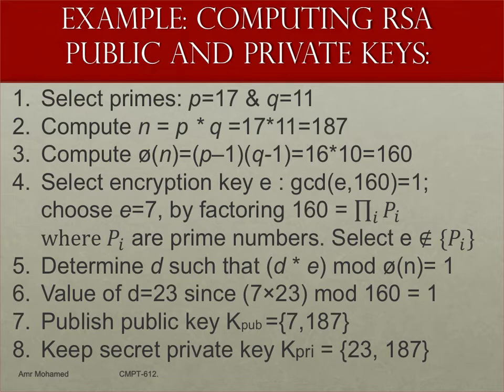So that's an example of how we go through calculating the public key and the private key internally inside the machine. The previous example was based on the fact that P was in fact 17 and Q was 11. Did we get this?